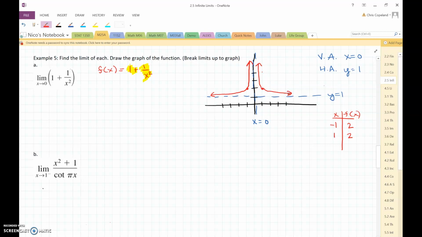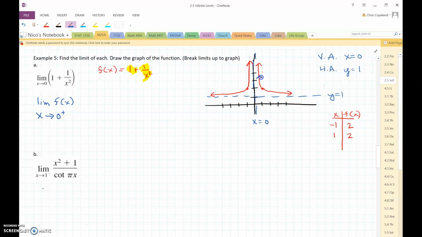Now we're going to evaluate this limit by looking at the graph, by looking at one-sided limits. So let's first look at the limit of this function as x approaches 0 coming from the right.